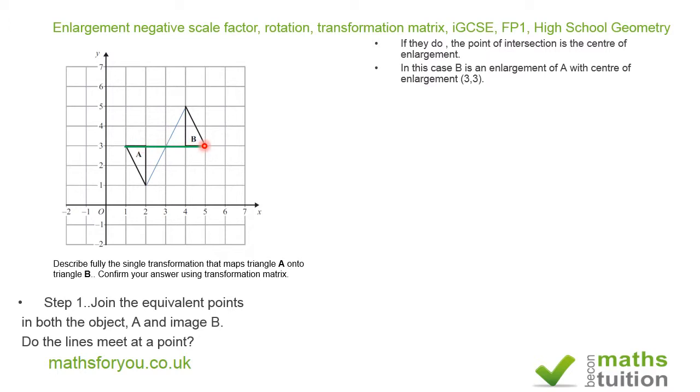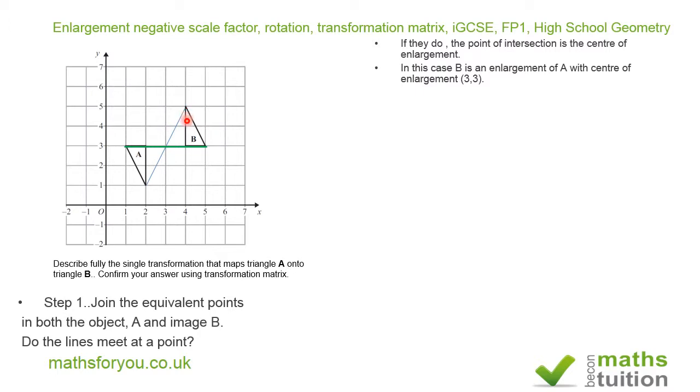The equivalent size on the image B is also 1 unit there. This line here on the object is 2 units. The equivalent line on the image is also 2 units.